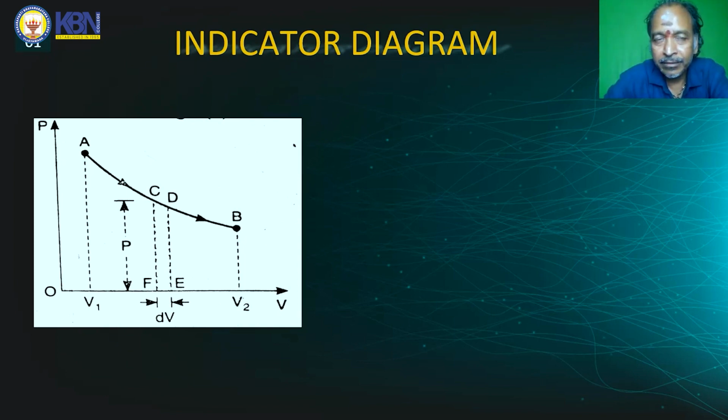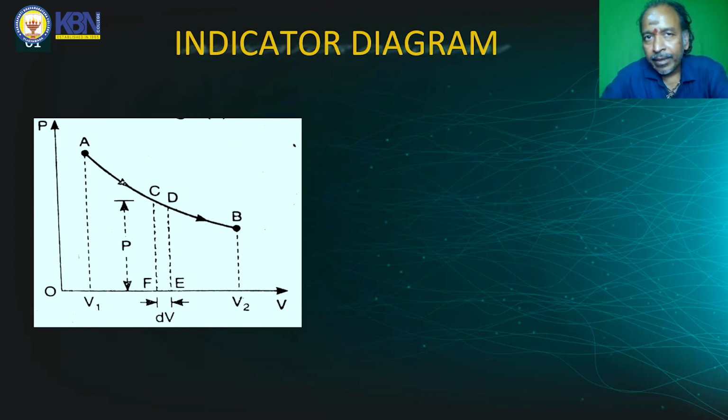In an isothermal process, Boyle's law holds good, that is PV is equal to constant.